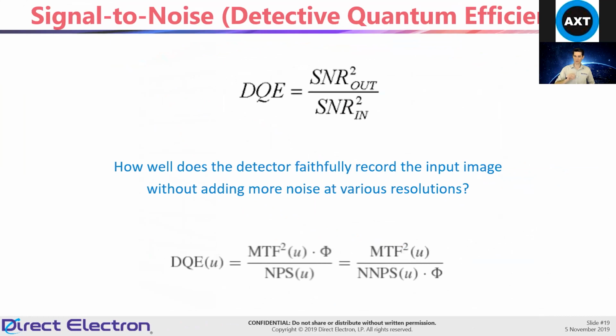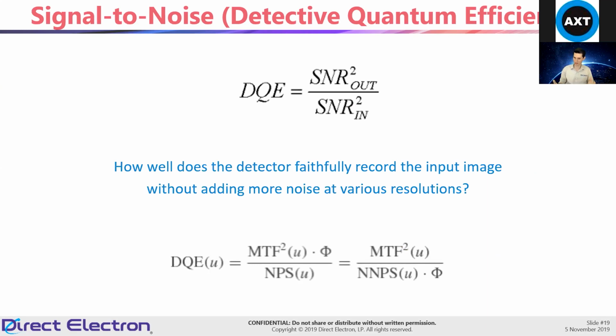If you're talking about resolution, then you also need to talk about signal to noise. That's when the DQE comes into effect, the detective quantum efficiency. This is how well the detector faithfully records the input image without adding more noise at various resolutions. Of course, a very large part of that is, in fact, the MTF.